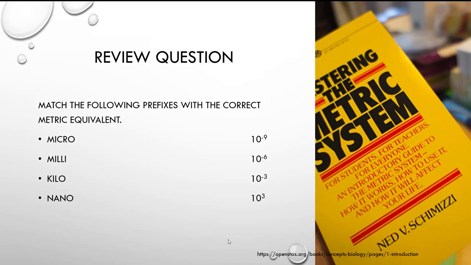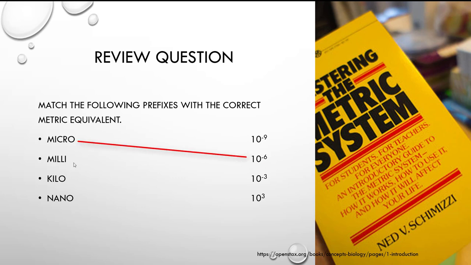So let's make sure we're understanding the prefixes. Match the following prefixes with the correct metric equivalent. Micro: was micro 10 to the minus 9, 10 to the minus 6, 10 to the minus 3, or 10 to the third power? If you chose 10 to the minus 6, I would agree with you.